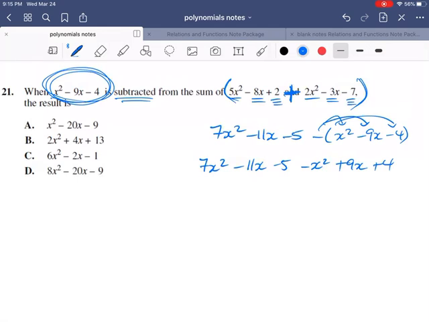Now we collect like terms again. 7x squared minus x squared becomes 6x squared. You'll notice there's only one option with 6x squared, but let's go ahead and finish collecting like terms. Negative 11x, positive 9x leaves us with negative 2x. And negative 5 and positive 4 leaves us with negative 1. And guess what? Everything else matches up.